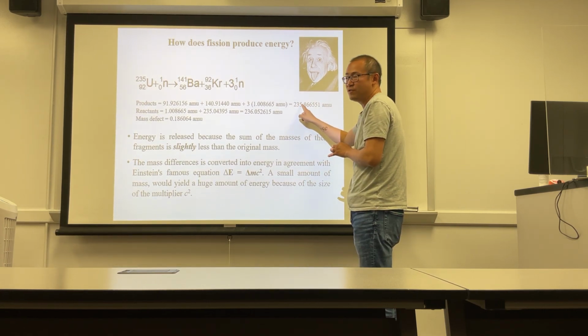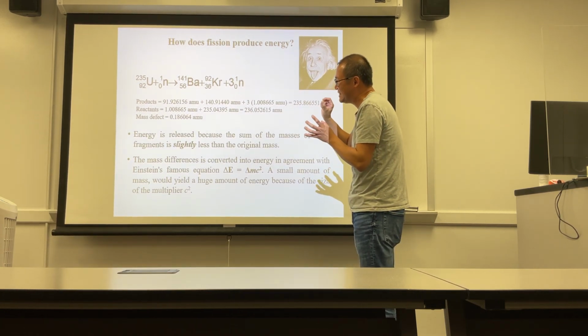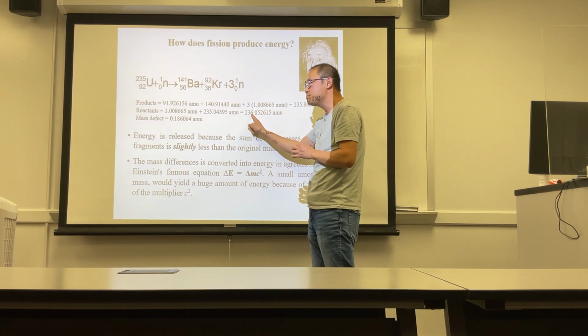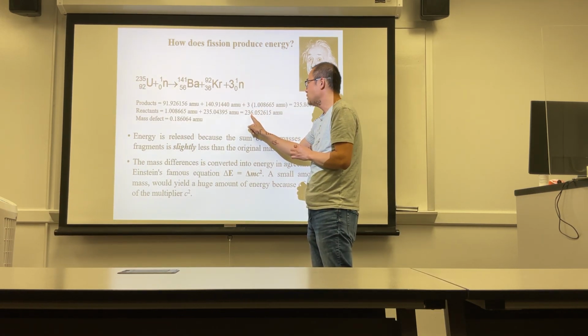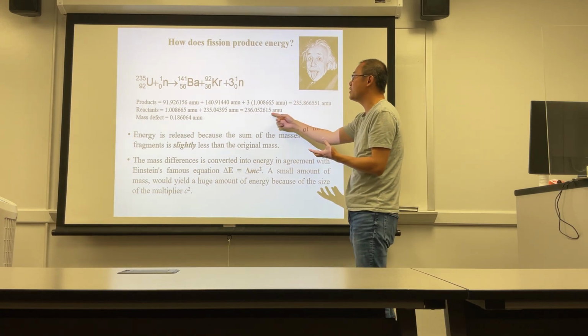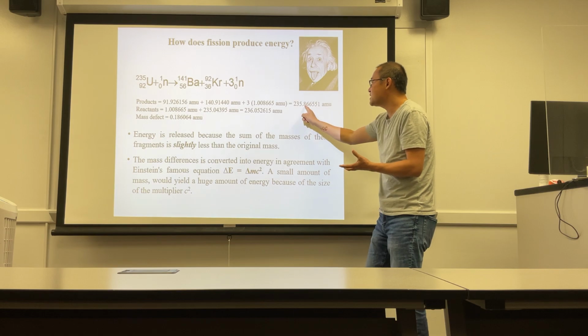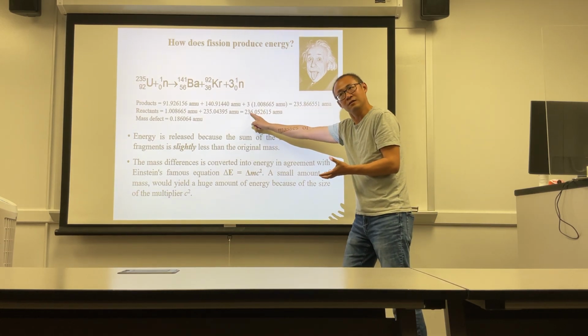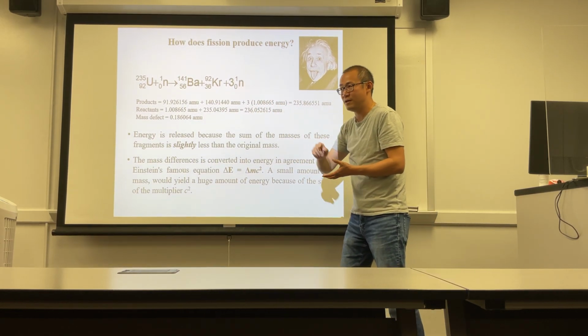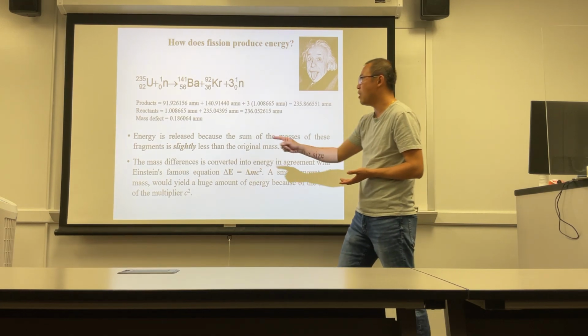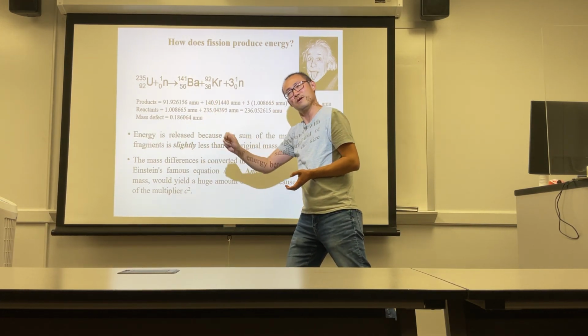So if you keep all the decimals and add them together, you will find out the mass of the products is not exactly the same as the mass of the reactants. Of course, if you round them, they're still 236, right? But if you don't round them, the mass of the products is actually smaller than the mass of the reactants. How much smaller? This much, a tiny amount.